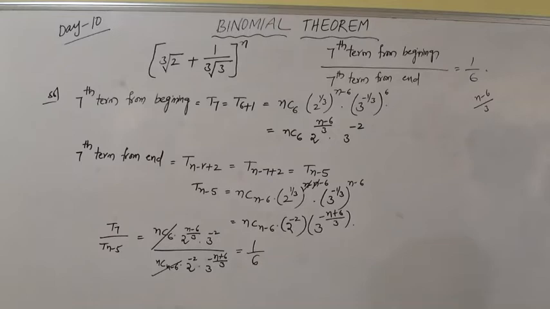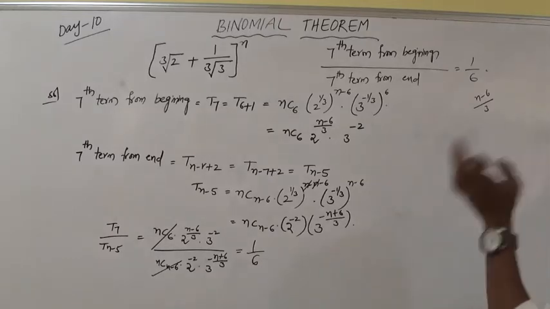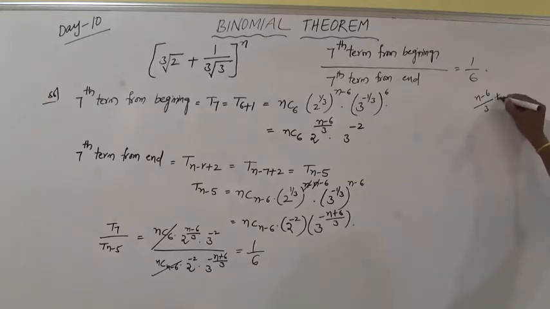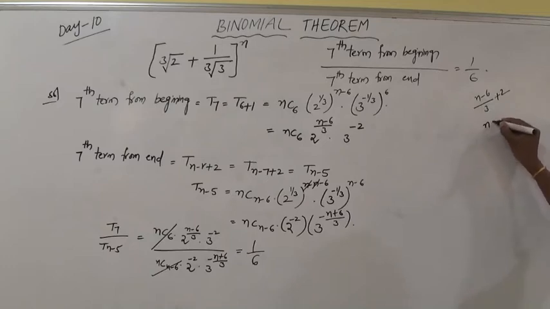There, (n minus 6) by 3, minus into minus it becomes plus. That means this is (n minus 6 plus 6) by 3. Plus 6 minus 6 cancel, that is equal to n by 3.